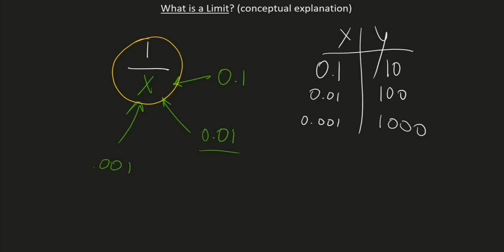So at some point, people kept doing this. They kept shooting in numbers in here, getting closer and closer to 0. So after a while, people said, all right, that's it. Let's just call it a day and say that this thing will basically become infinity.